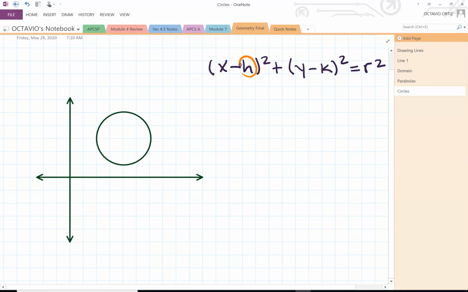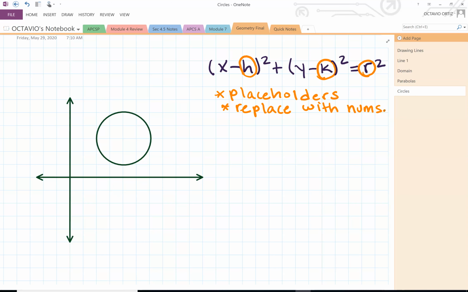So h, k, and r are variables that are placeholders. That means that you're supposed to replace those with numbers. There is a significance to each one of those variables.